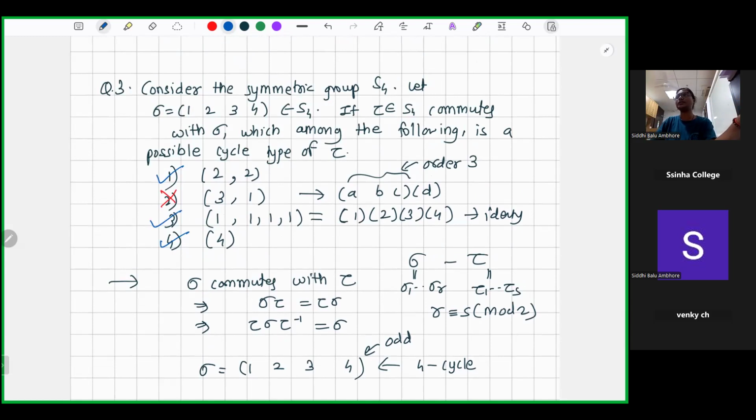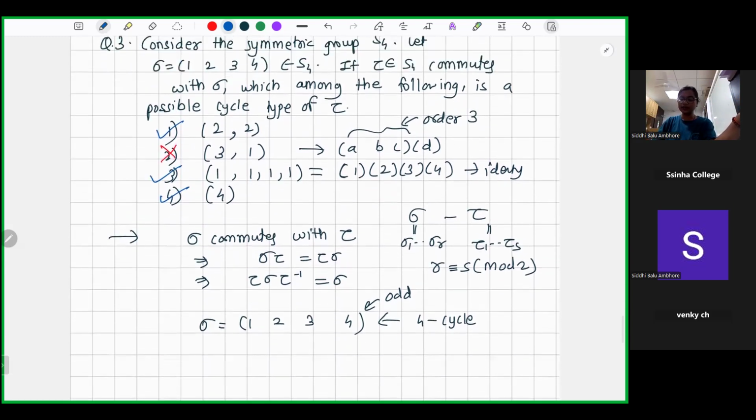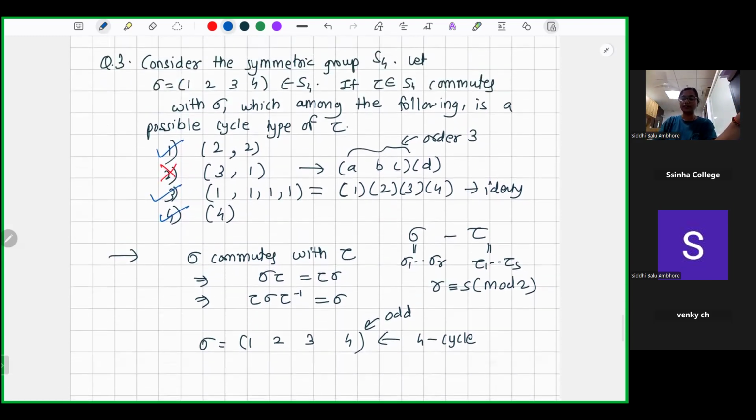You can check this with examples: take any element which commutes with sigma and check its cycle type. The possibilities will land in these cycle types only, and any element of the other cycle type can never commute with our given sigma, that is the cycle (1 2 3 4).